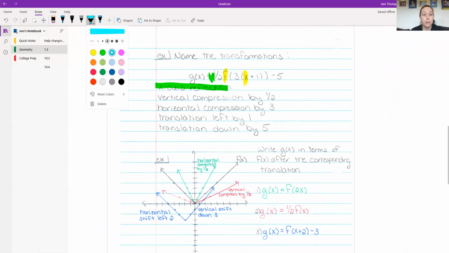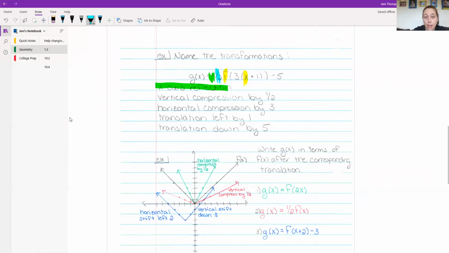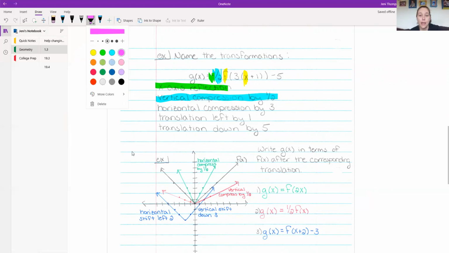We're also multiplying on the outside, and it's by a number in between 0 and 1. Multiplying on the outside means it's vertical. We know that it's going to be a vertical compression or stretch. And since the number is 1/2, we know that it's going to be a compression by 1/2.